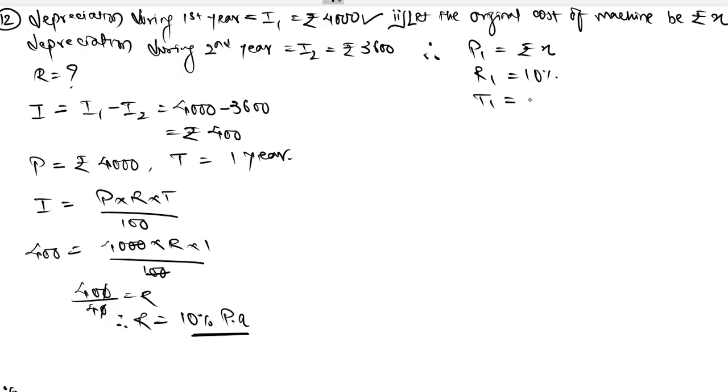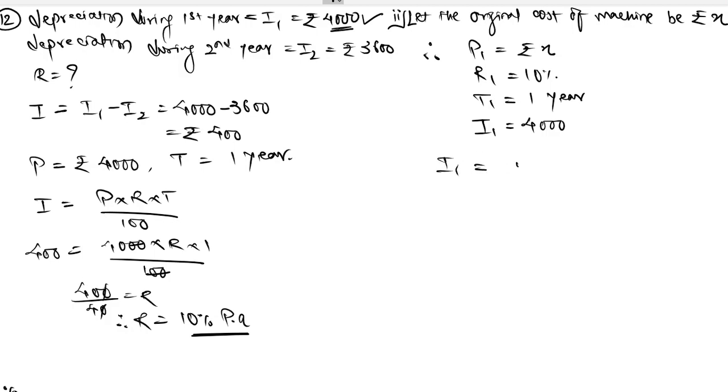T1 is equal to 1 year. P1, R1, T1 are known, and I1 is not known. Oh sorry, I1 is known. It is 4000, the depreciation at the end of 1 year. Right? So let's find the original cost of the machine.